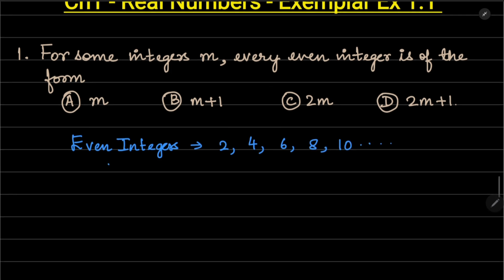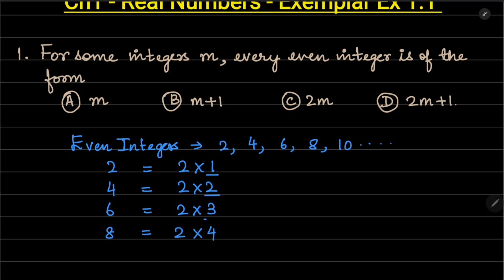Now 2 is nothing but 2 multiplied by 1. 4 I can write as 2 multiplied by 2. 6 I can write as 2 multiplied by 3. 8 I can write as 2 multiplied by 4. So what are these 1, 2, 3 and 4?